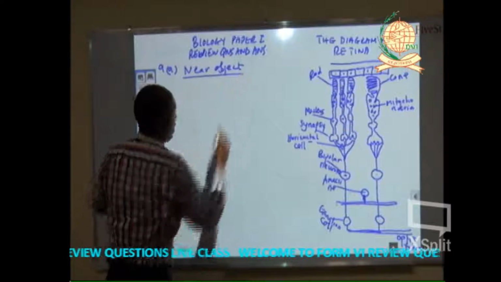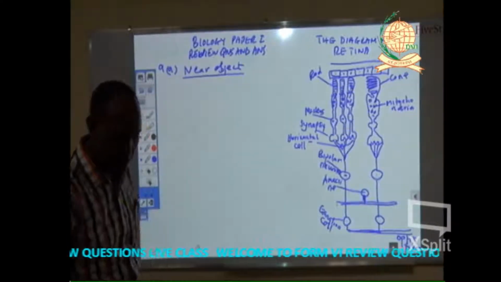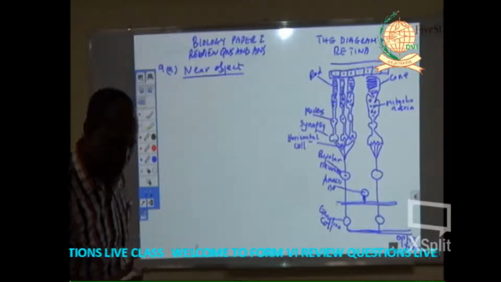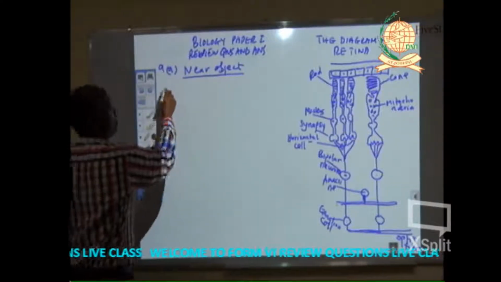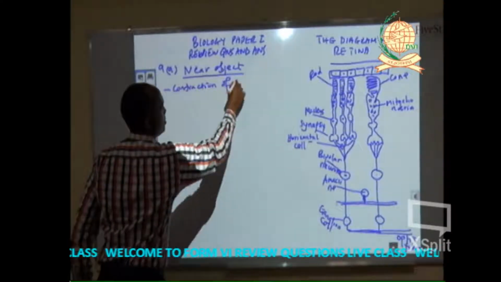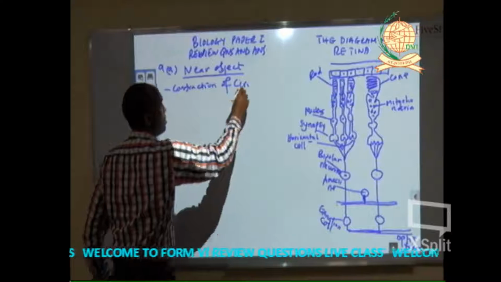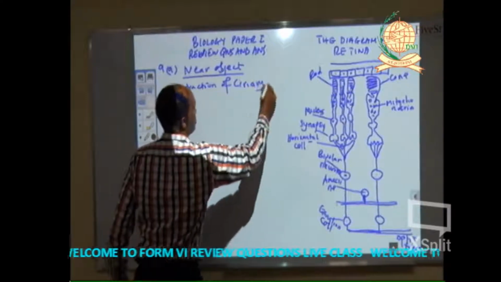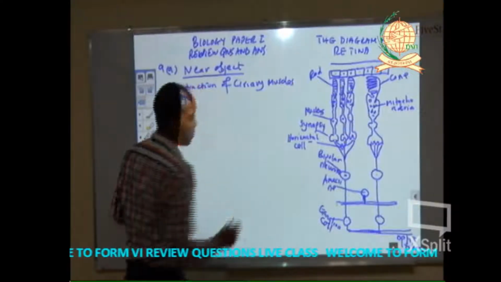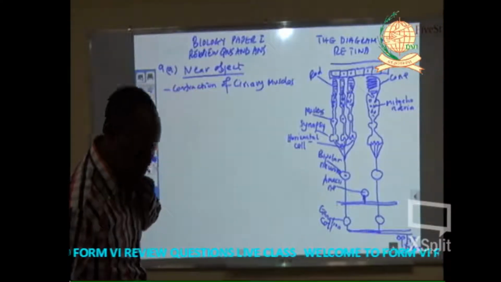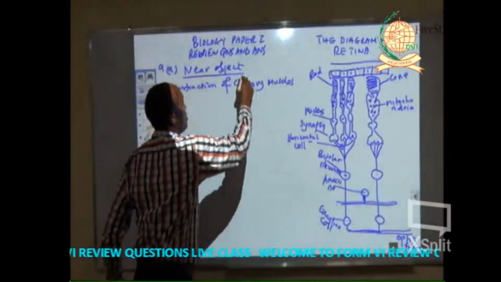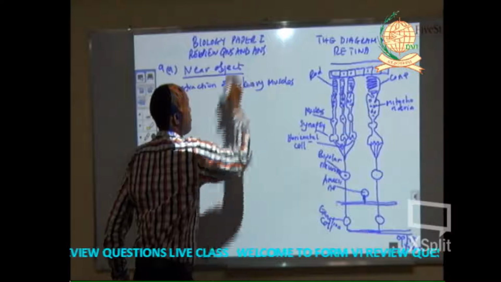How does it accommodate? The first one is that for a near object, for the image to be formed on the retina, there is a contraction of the ciliary muscle.